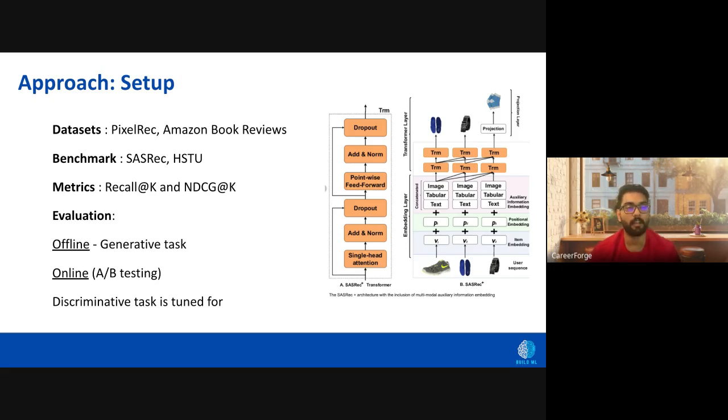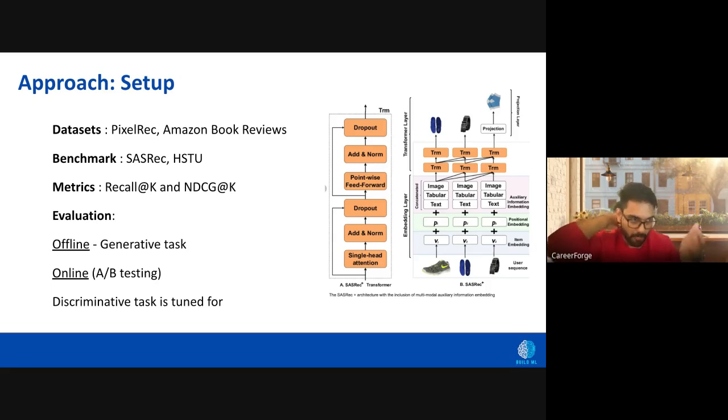In terms of benchmarks that they compare HLLM to, they've used SASRec and HSTU. SASRec is a pretty dominant one in sequential recommendation tasks. As I mentioned, SASRec takes your user interaction history and creates an embedding out of that.